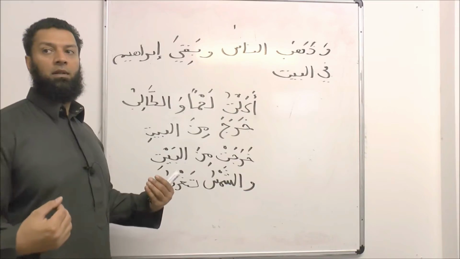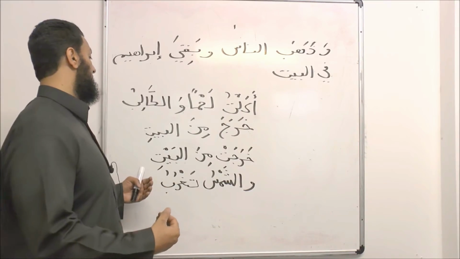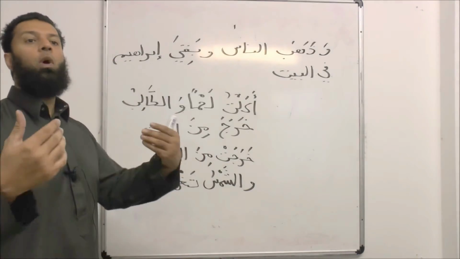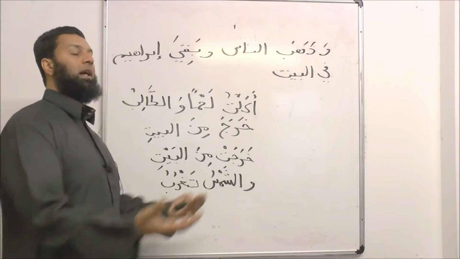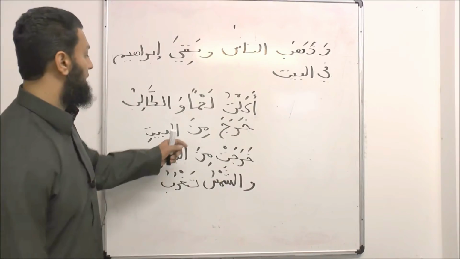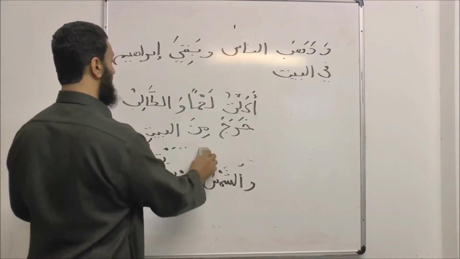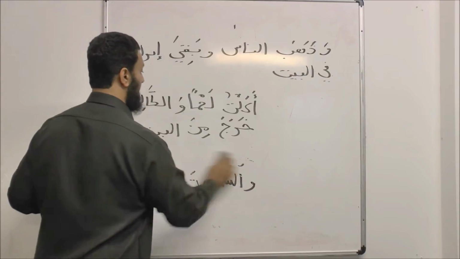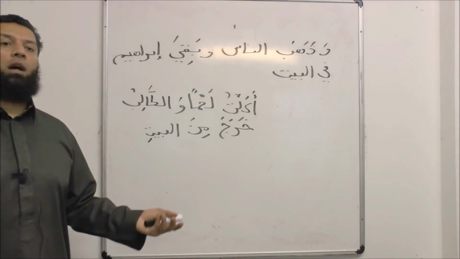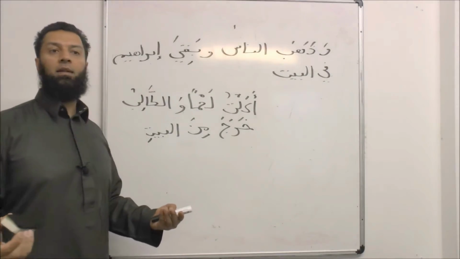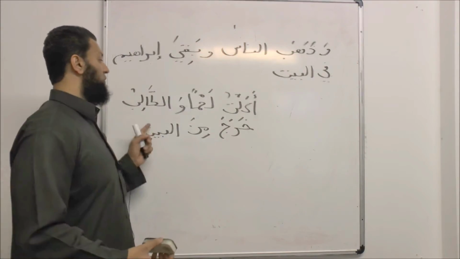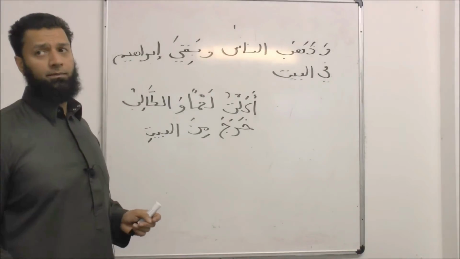So, خرجت من البيت, I exited from the house, and what was happening whilst I exited? The sun was setting. Right, so here أكلت لحما, I ate meat, والطالب خرج من البيت, and what was happening when I ate the meat? The student exited from the house.